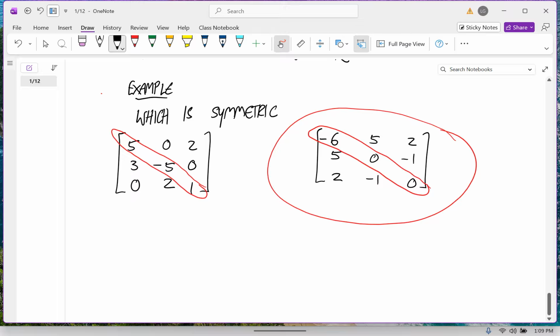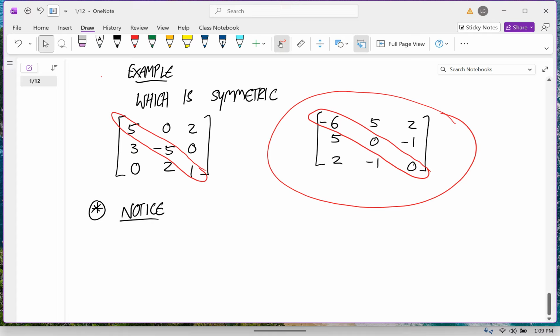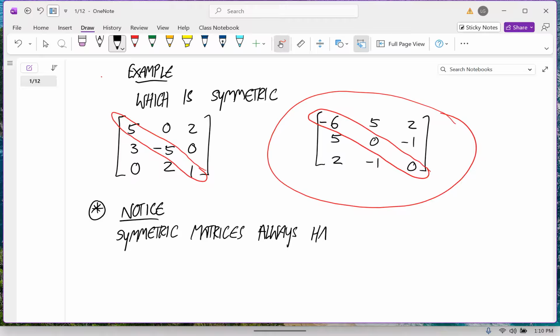There's one thing that's useful about symmetric matrices. We haven't talked about eigenvalues and eigenvectors yet, but they'll come up later. And the key thing here is symmetric matrices always have real eigenvalues.